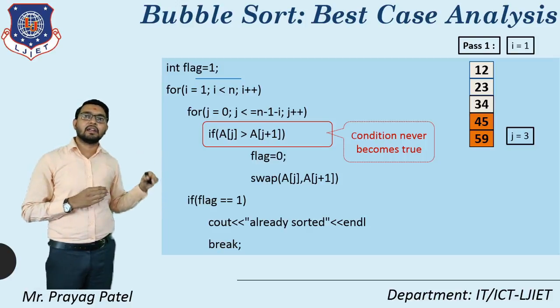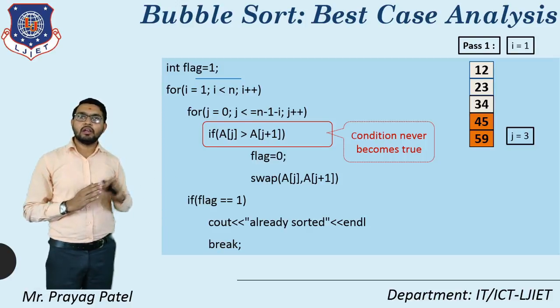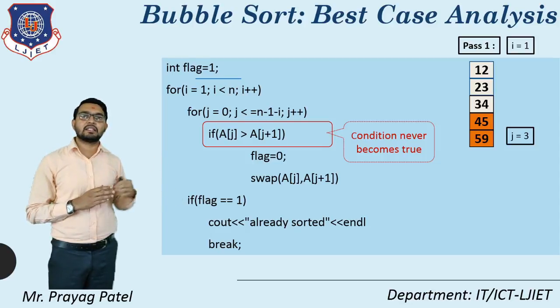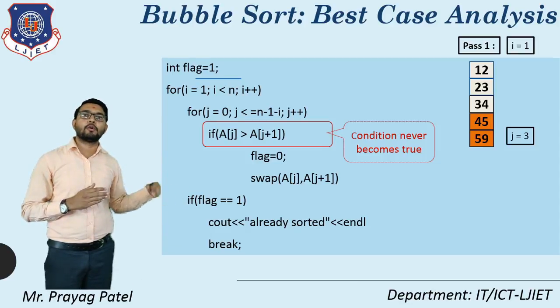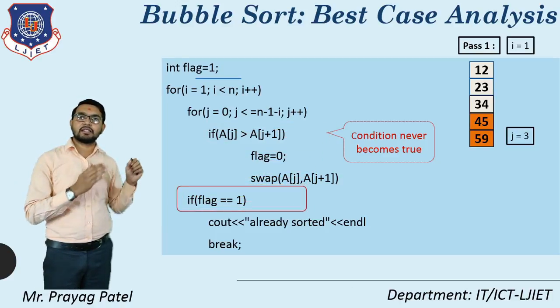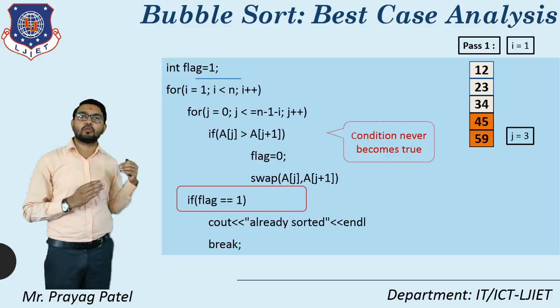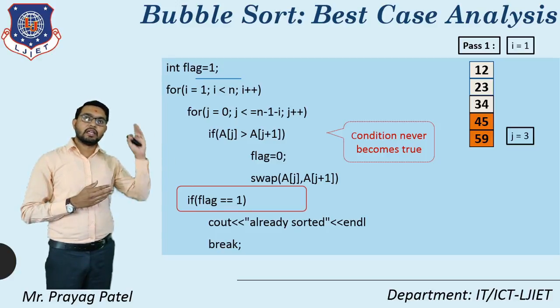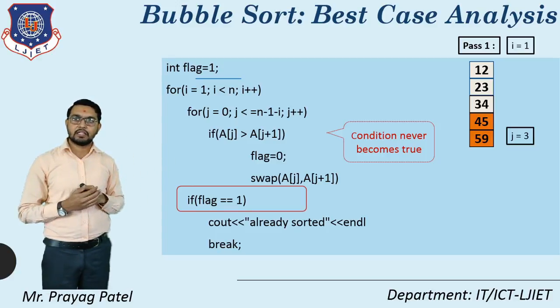That's why the flag remains 1; at no time is it set to 0, and no swap operation is performed. Next we check the condition: if flag equal to 1, yes, we already set the flag equal to 1 at the initial stage.